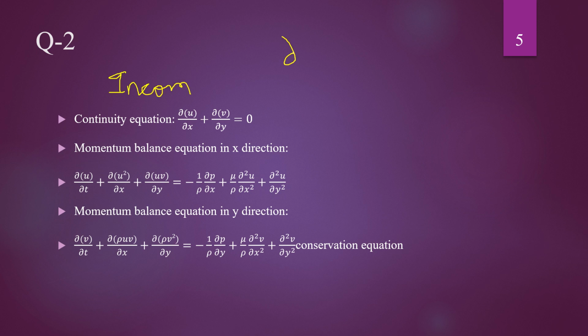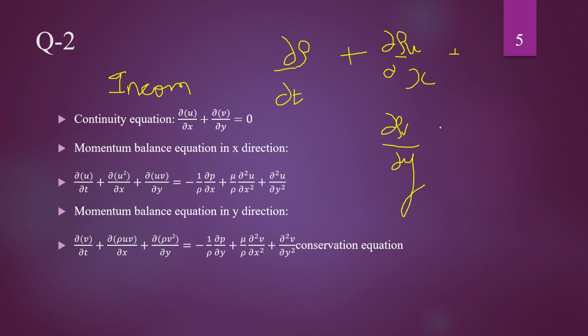Generally, how would the continuity equation appear? It would be ∂ρ/∂t + ∂(ρu)/∂x + ∂(ρv)/∂y = 0.